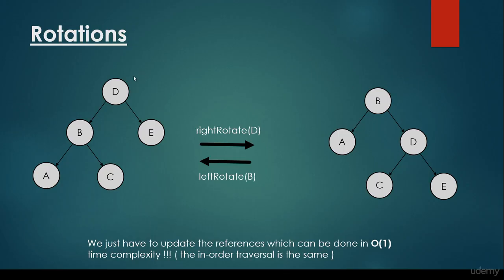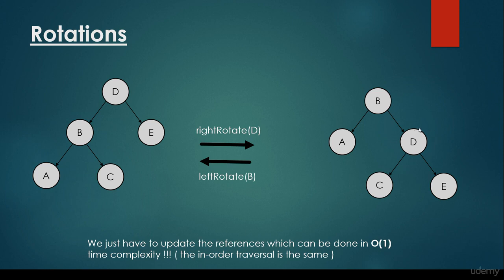Because basically it is the same. For right rotation, we started with this subtree and ended up with this subtree. For left rotation, as you can see, we started with the right subtree and we ended up with the left subtree. So when we start at the right subtree and we make a left rotation, of course we have to rotate it to the left.